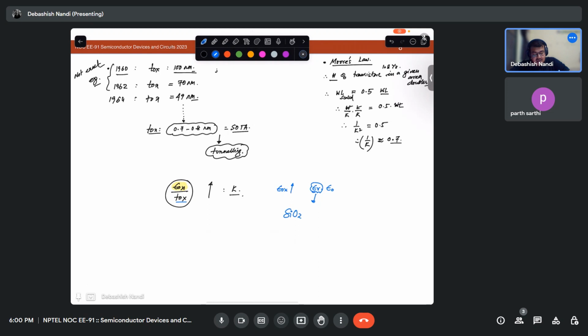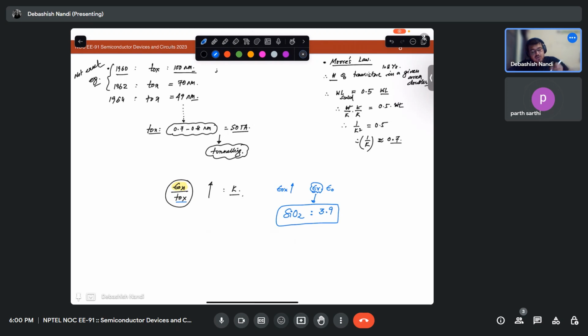So far we are discussing silicon dioxide as the oxide, right? Silicon dioxide has a dielectric constant, or Er, of 3.9, right? We have been discussing this so far.